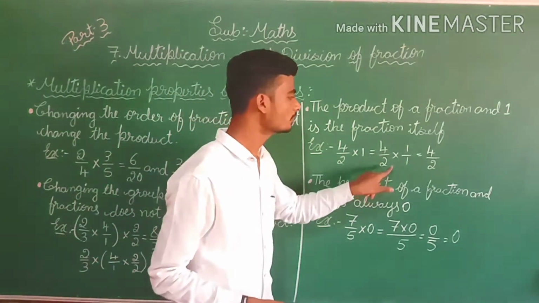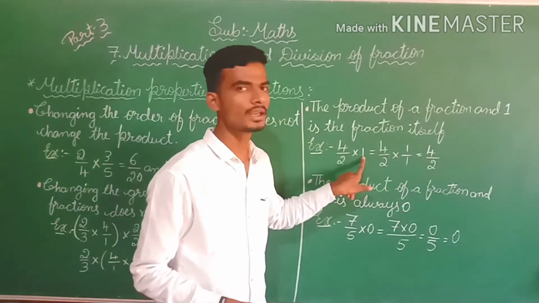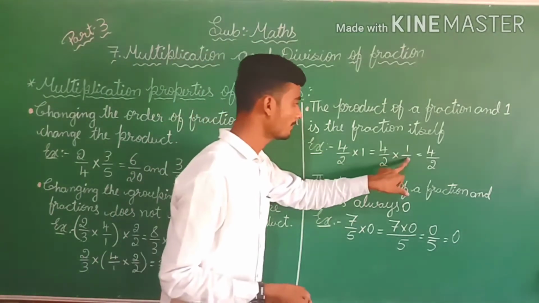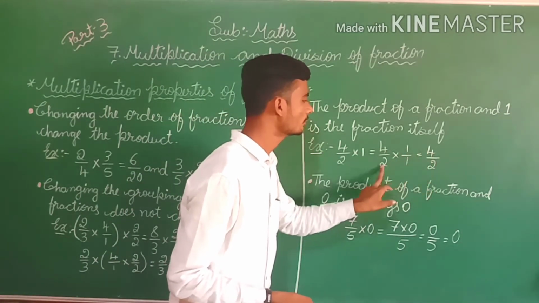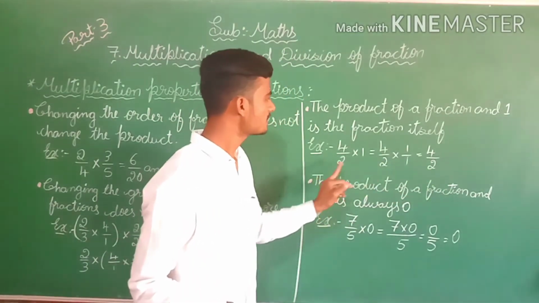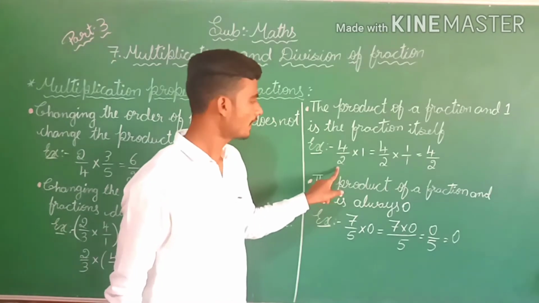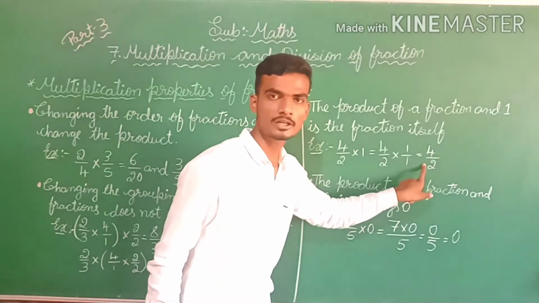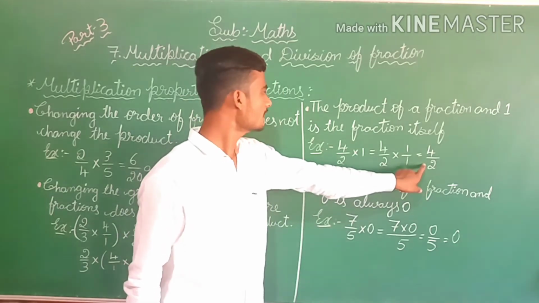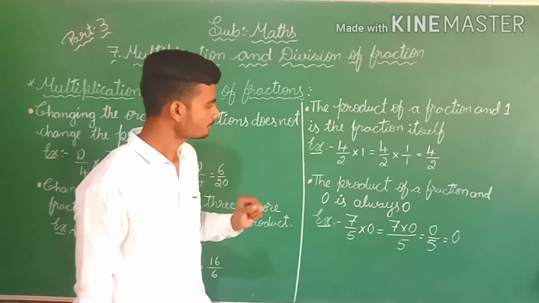Then 4 by 2 into 1 by 1. The whole number 1 can also be written as a fraction. 4 ones are 4, 2 ones are 2. See here, the fraction remains the same. 4 by 2 we have taken as a fraction, and the product also we got as the same fraction itself. This is property 3.